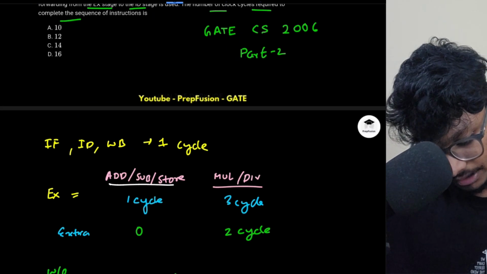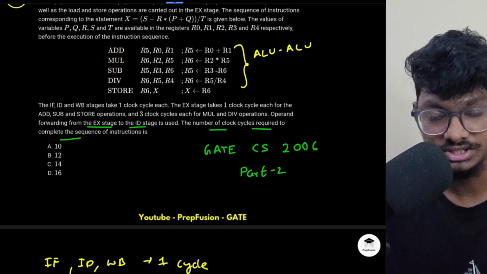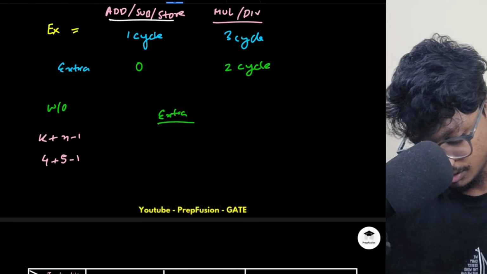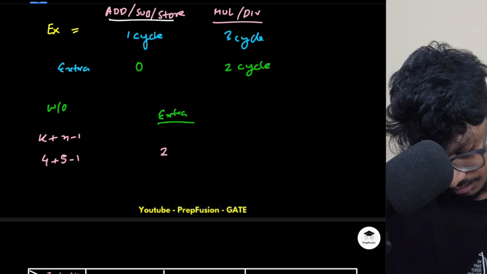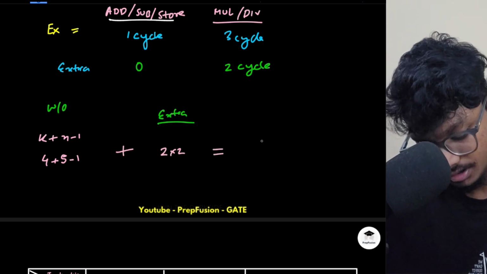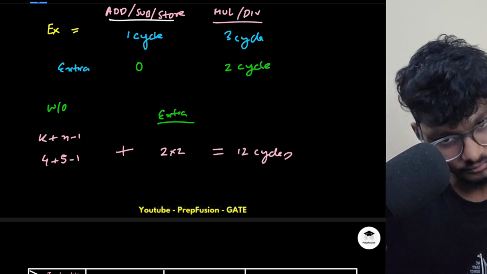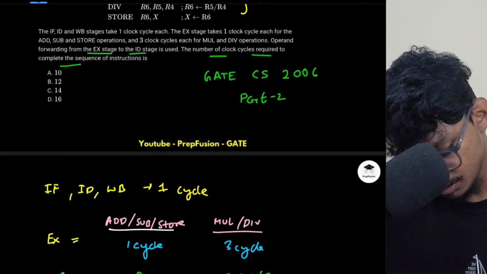For add, subtract, store, I don't need to provide extra, but I have a multiplication and a division. So I have 2 instructions which take 2 extra cycles each, so 2 times 2. Total number of cycles will be 8 plus 4, that is 12 cycles. So the answer will be option B.